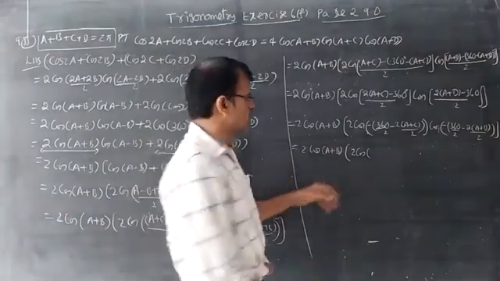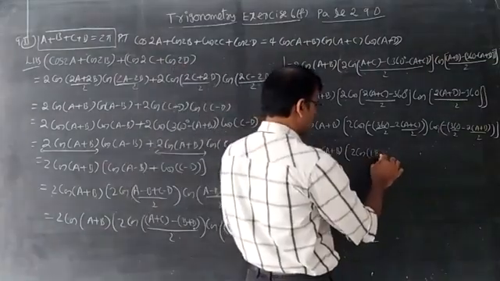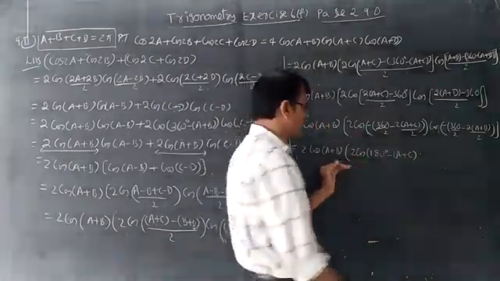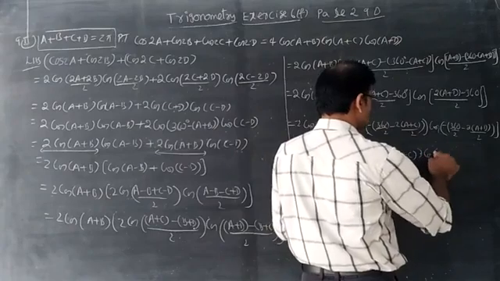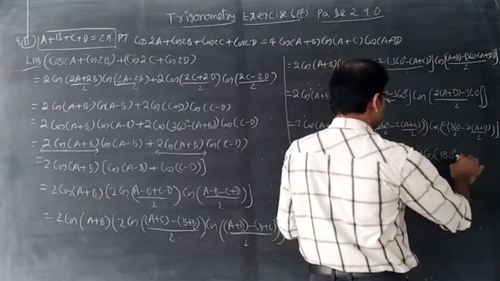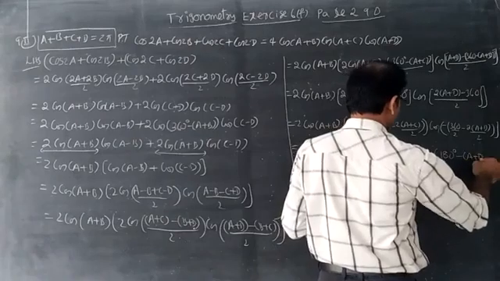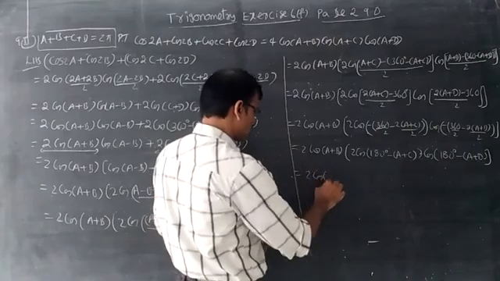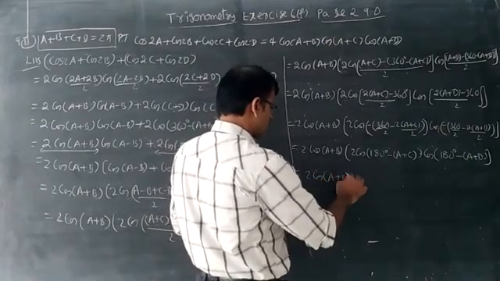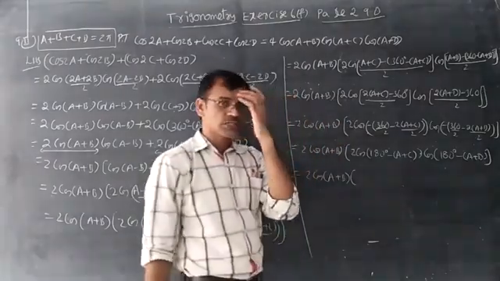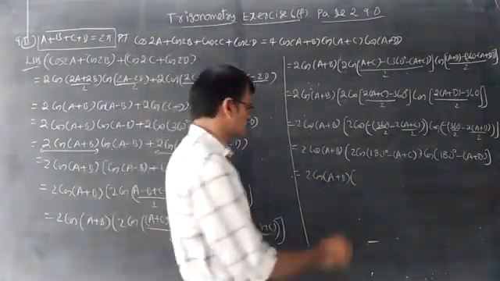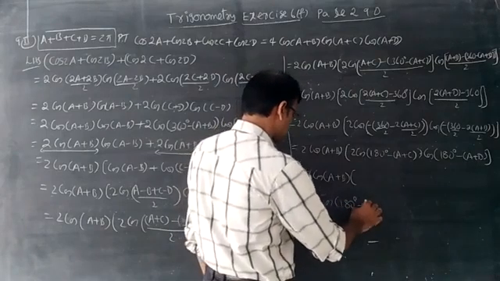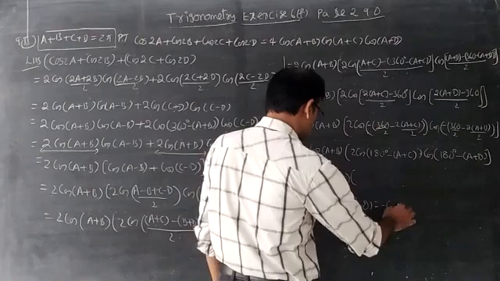So cos of, you can write here 180 degrees minus of a plus c into cos of 180 degrees minus of a plus d, that is equal to 2 cos of a plus b into, students, cos 180 minus theta becomes minus cos theta. Here I am writing cos of 180 minus theta becomes minus cos theta.